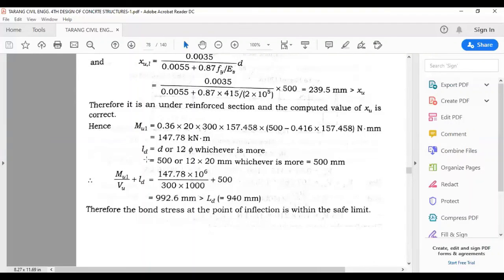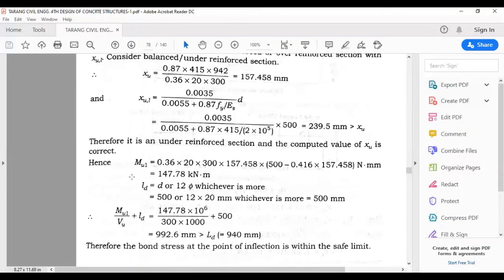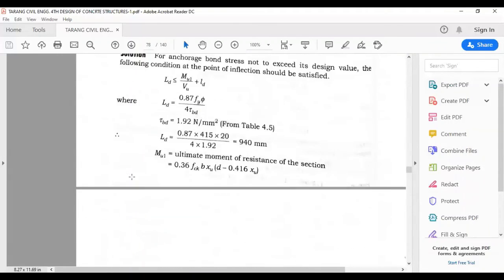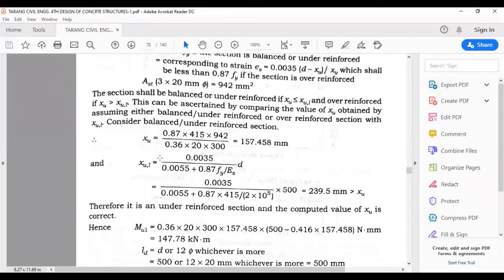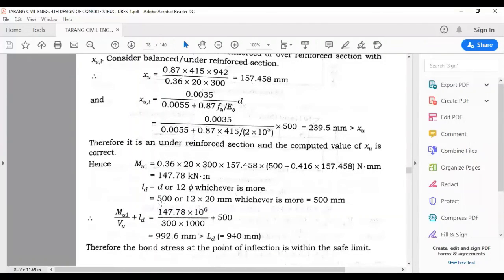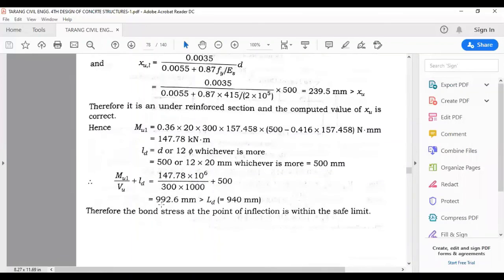Now satisfying this condition, MUL upon VU plus LD. From this expression, MU we found out to be 147.78, multiplied by 10 to the power 6 by making homogeneous comparisons.